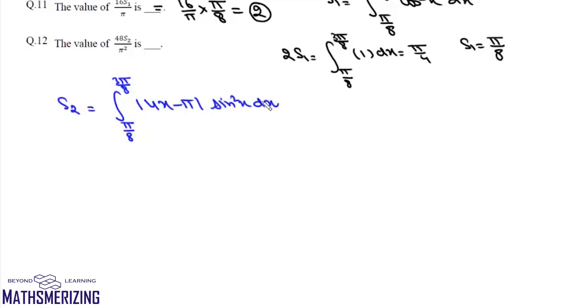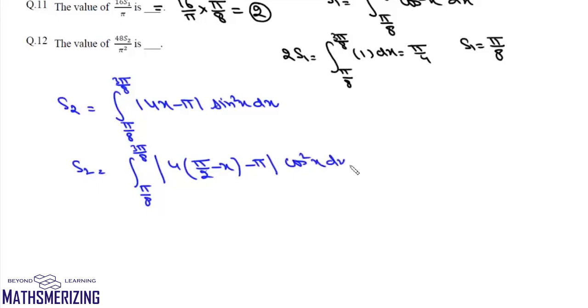Again we'll use the property f(a plus b minus x). So we'll replace x with pi by 2 minus x. So this S2 will be this integral from pi by 8 to 3 pi by 8, and then here will be 4 into (pi by 2 minus x) minus pi, and then sin square x will be cos square x.